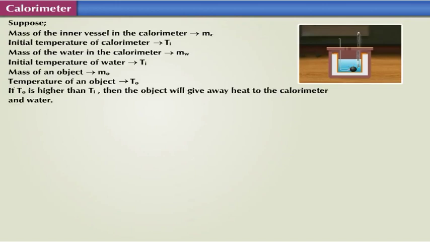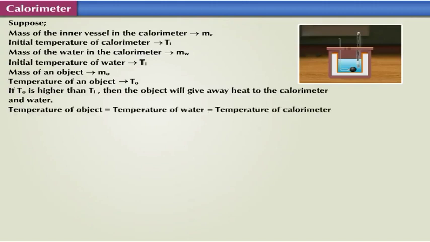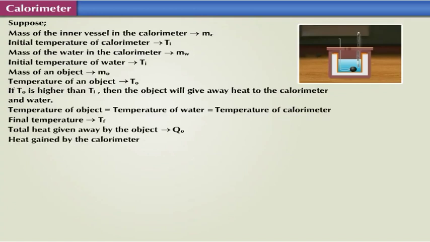After a while, a time will come when the temperature of all three become the same. Let us assume this final temperature to be Tf. Suppose the total heat given away by the object is Qo. The heat gained by the calorimeter is Qc, and the heat gained by the water is Qw.